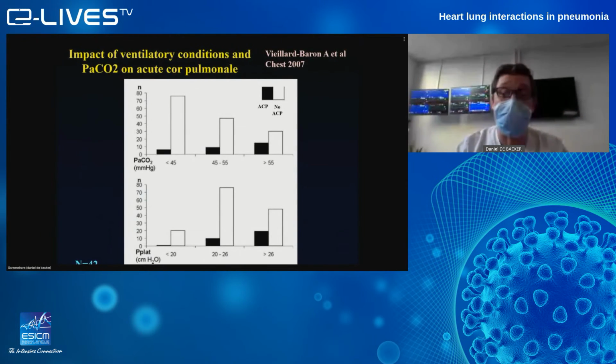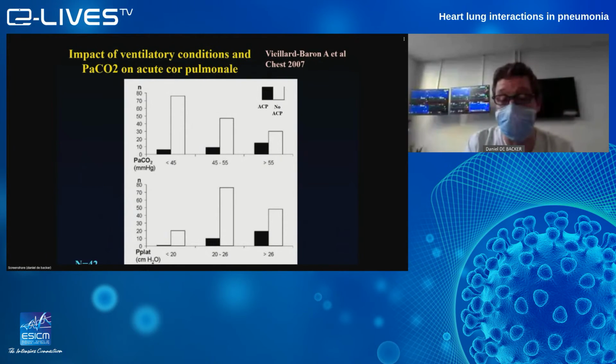And there are several factors that can indeed lead to acute cor pulmonale. Some of these include the hypercapnia that is present. You have seen, when you treat many of these patients with COVID-19, that hypercapnia very frequently occurs when they begin to be ventilated.